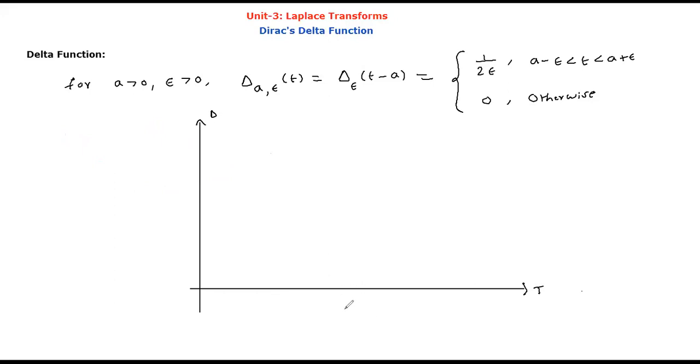Let us say a is positive. Because a is positive, I will take a somewhere here. Now choose epsilon. Let us say epsilon equals 1. If I say epsilon equals 1, it may be like this.